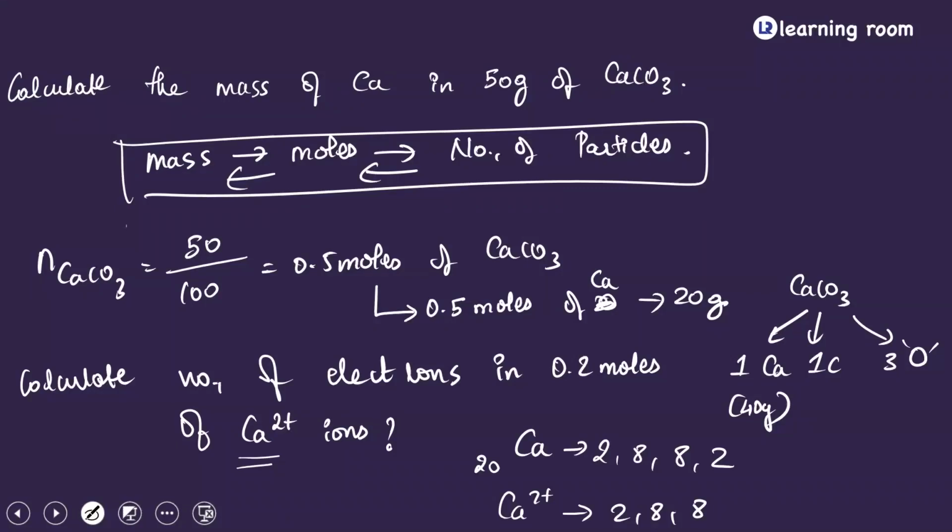For the number of electrons, you have to know how many electrons one calcium ion has. 18 electrons. So in 1 mole you will have 18 into 6.023 into 10 power 23 electrons. So in 0.2 moles you will have that much times 0.2. Is that clear? Shall we go to the next part?